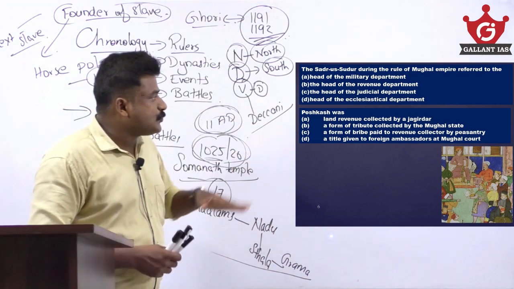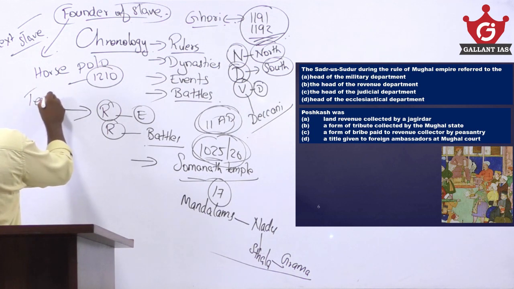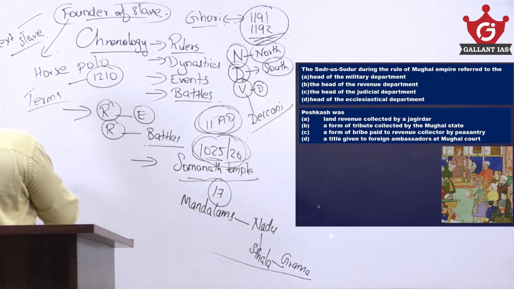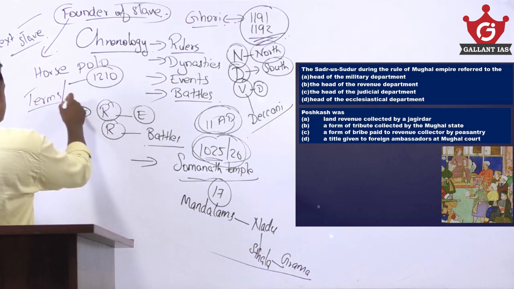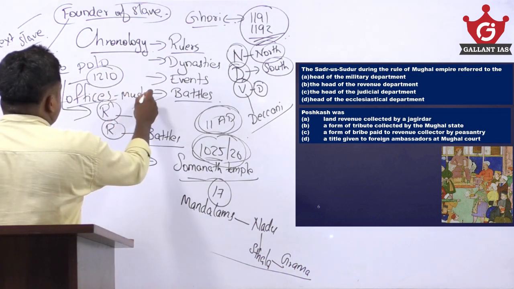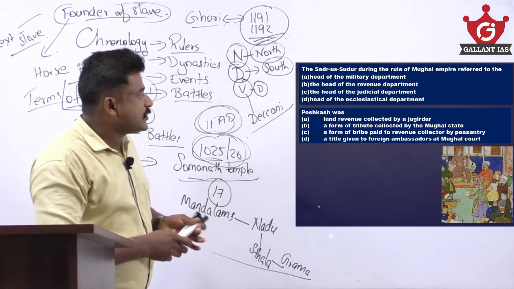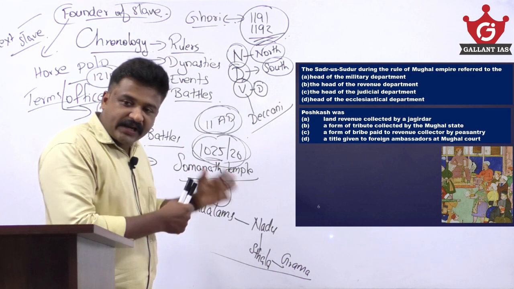Sadar-us-Sudur during the Mughal Empire. Take care of the different terms or offices used in the Mughal administration, that's important for you. Sadar-us-Sudur was the head of the religious and charity department.